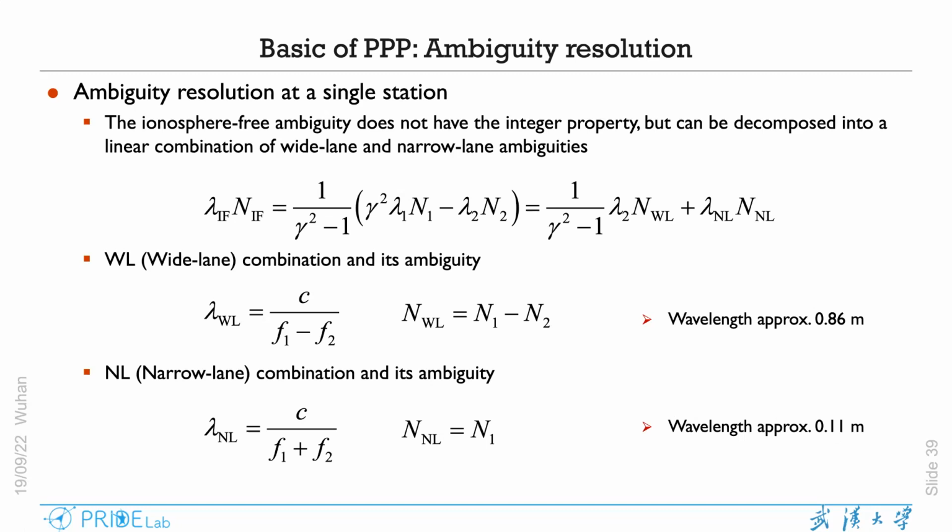So in these two steps, we can reestablish the integer properties of the undifferenced ambiguities, like the wide-lane and narrow-lane ambiguities.